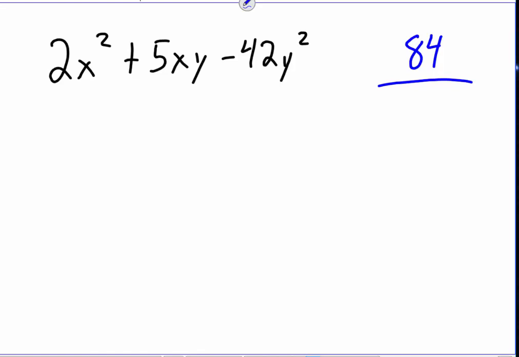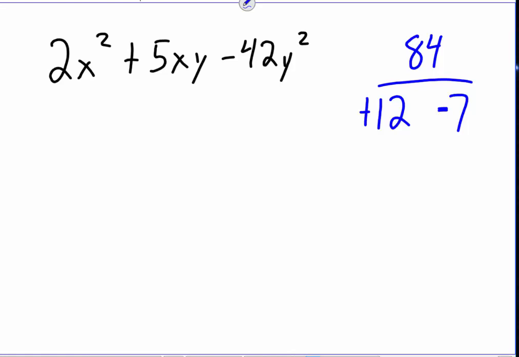Well, I can just kind of see it in my head already, so I'm just going to jump straight to it: 12 times 7. Because it's a positive negative, that means that the 12 has to be a positive and the 7 has to be a negative. Now, if you didn't see that one right away, of course, you could just write out all of them and you'd find it fairly quickly.